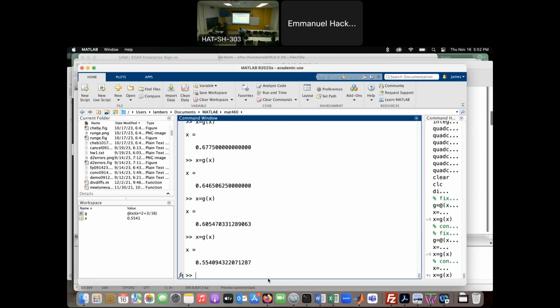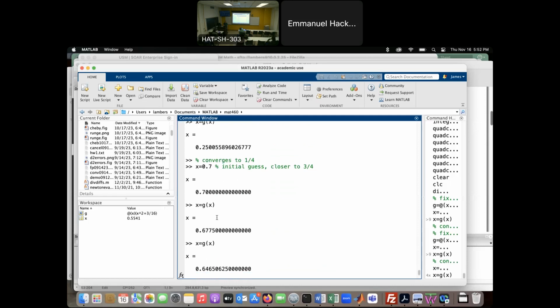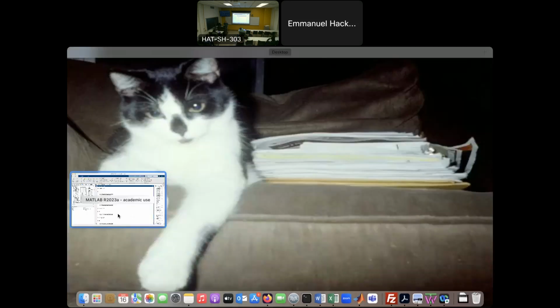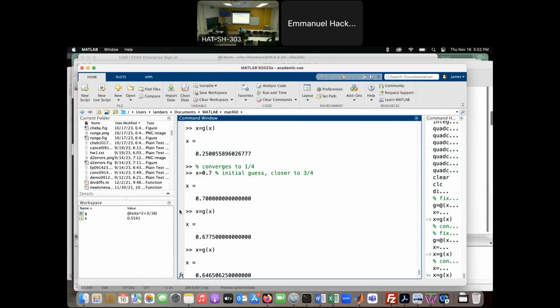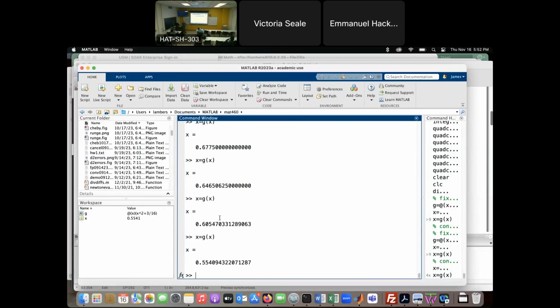So my new initial guess is 0.7, and then I do x equals g of x repeatedly. Yeah, so it's not going to converge to 3/4.